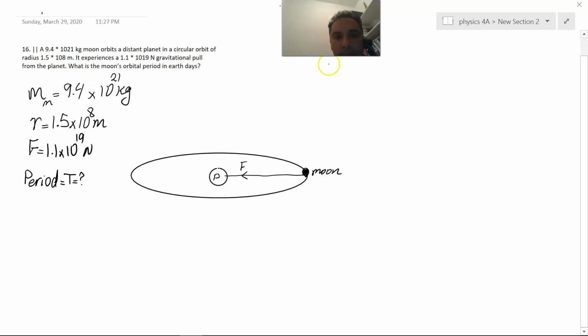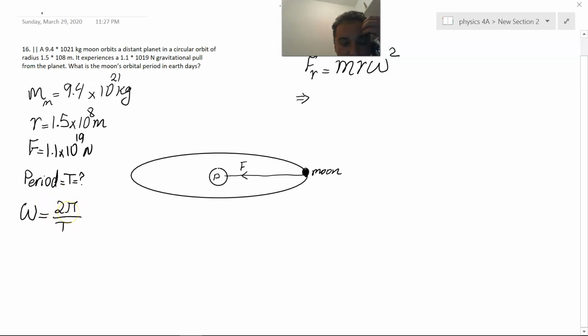Okay, the only force is what? Radial force or centripetal force, which is m r omega square. Where is the period? Omega is 2 pi divided by T.